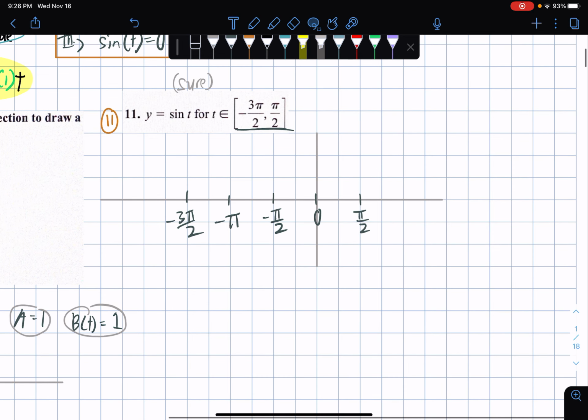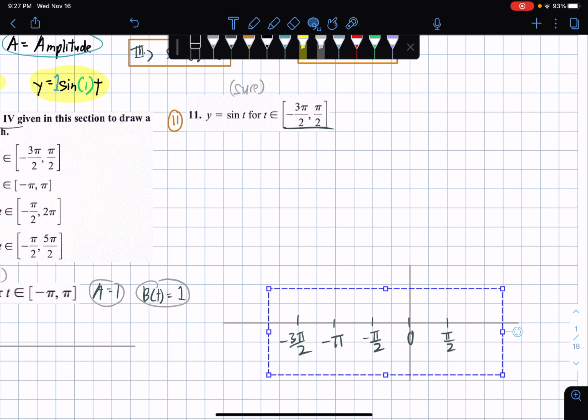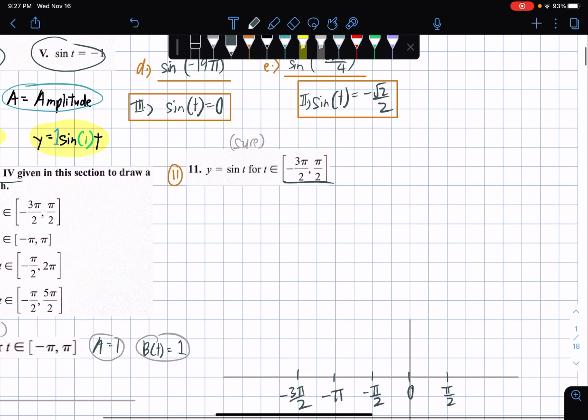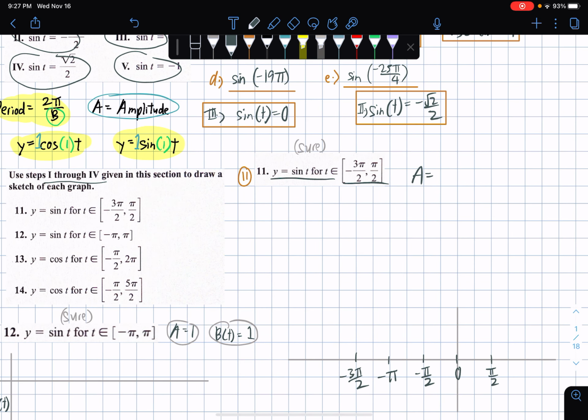Right now, let's make the table first. And before making the table though, you have to know the amplitude and the b value. So the amplitude is based on the function itself. Amplitude is here.